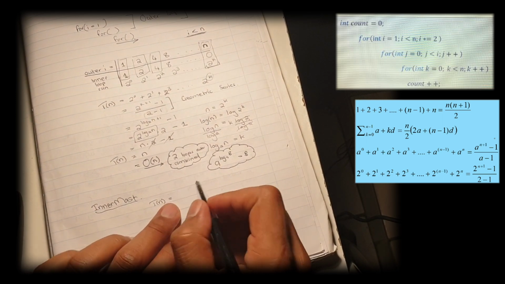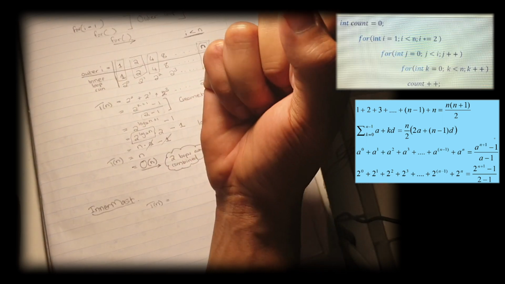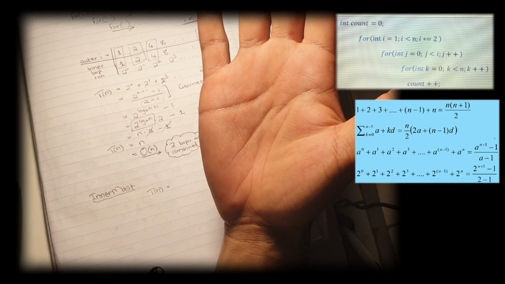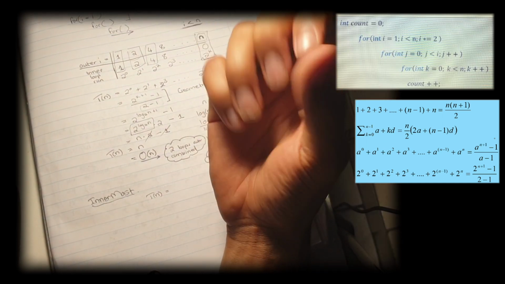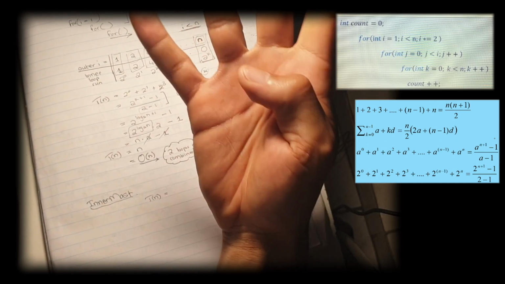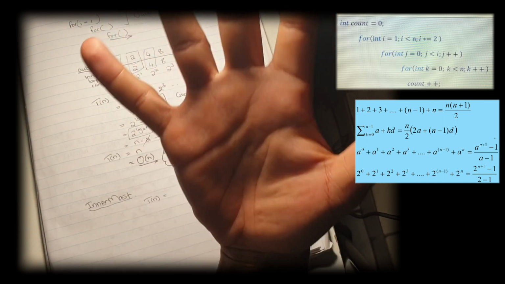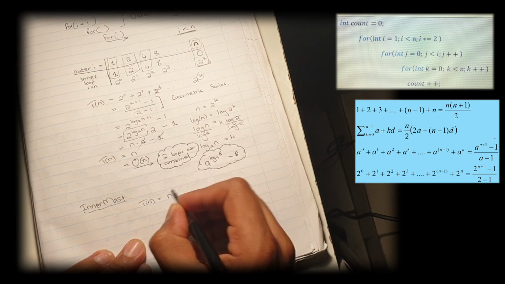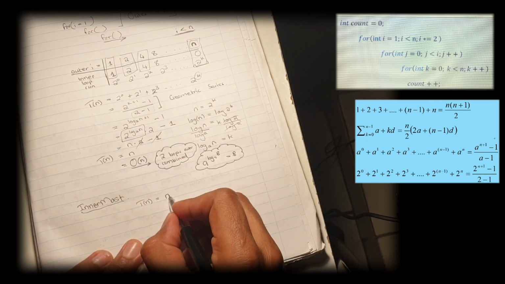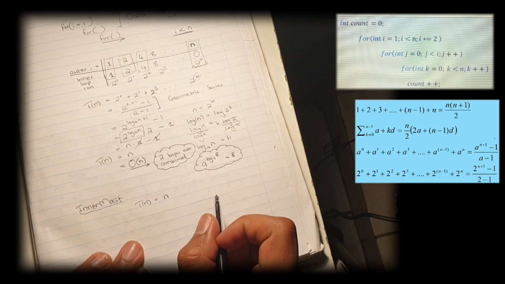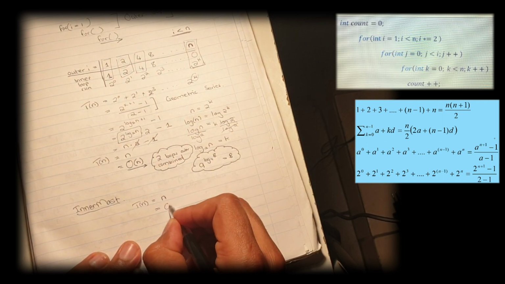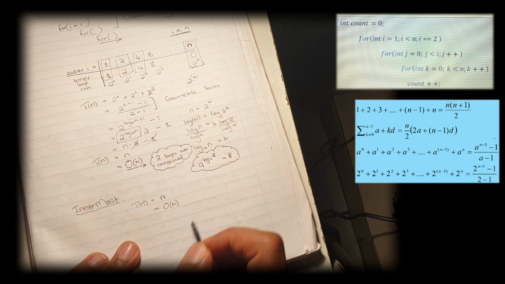Let's say n is 5. We're going to go 0, 1, 2, 3, 4. So n equals 5 and we're looping 5 times. We can deduce that this innermost loop has time complexity of n. That's straightforward, which gives us big O of n.